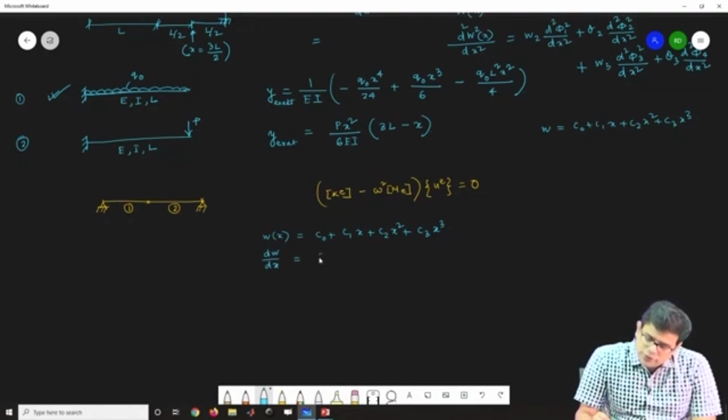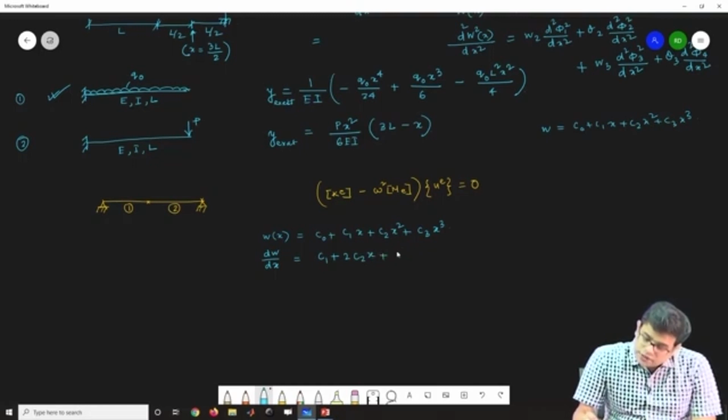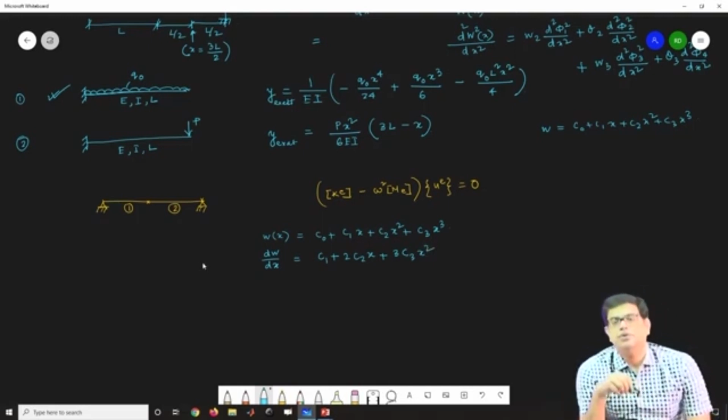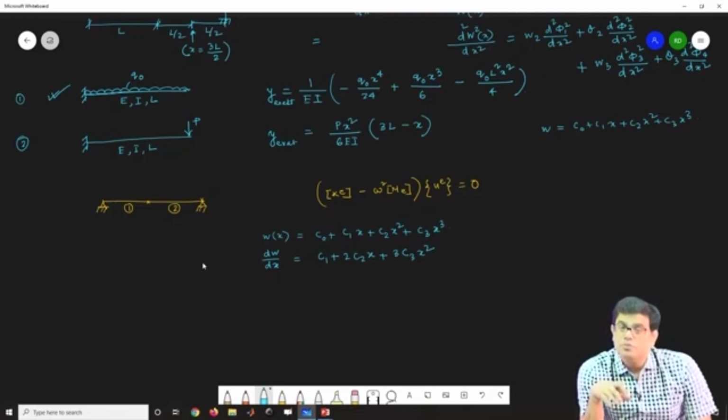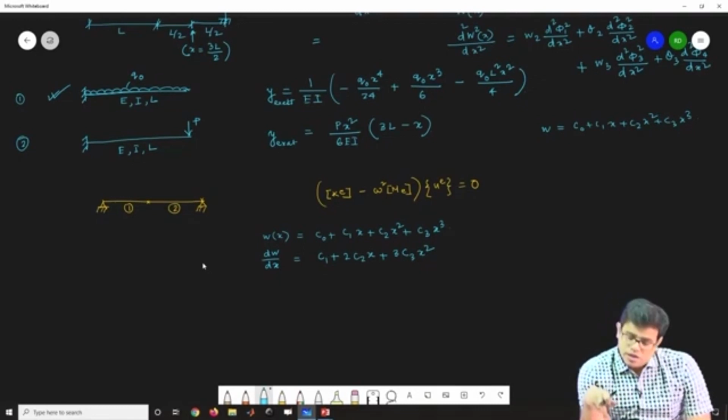This requirement poses the Hermite type of shape functions.